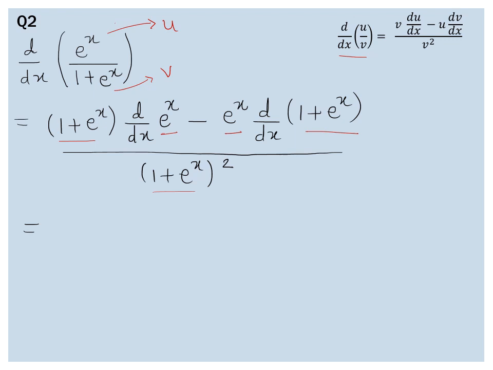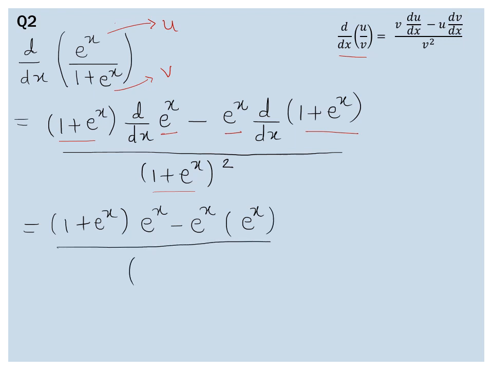Simplifying this further, we get it as 1 plus e to the power x into derivative of e to the power x, which is e to the power x itself, minus e to the power x into derivative of 1 plus e to the power x, which is e to the power x, whole divided by 1 plus e to the power x whole square.